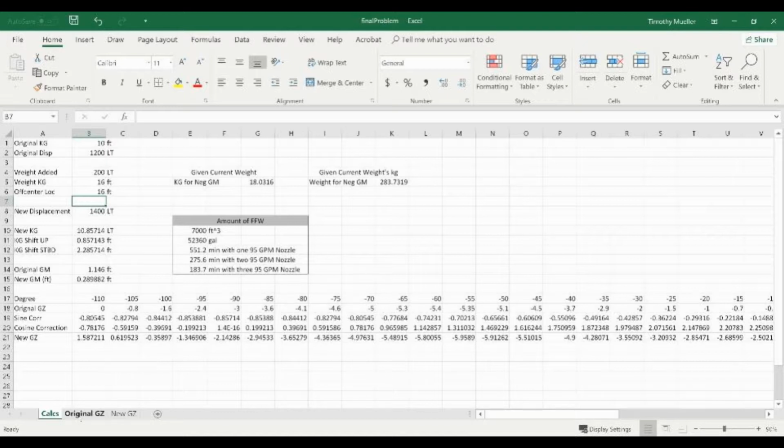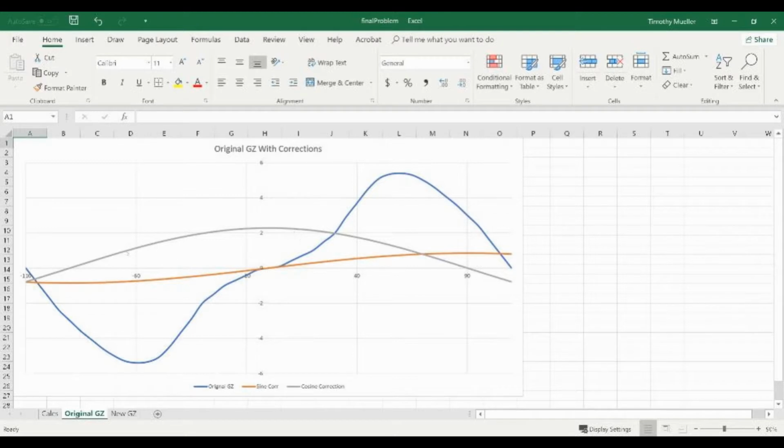Going to the original, we have our cosine correction here in this gray. We have the sine correction in this orange. And of course, our original is in the blue. Now we see here, from the sine correction, our range of stability is going to be 0 to right around, if this here is 110, right around 103 maybe, something right around there.